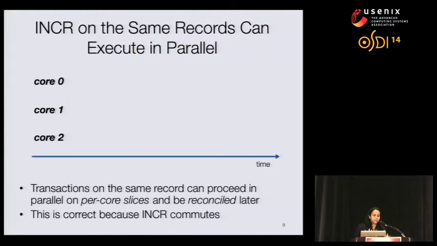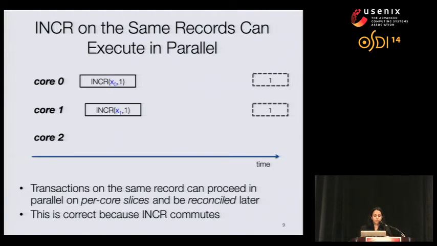So one interesting thing to note here is that if you're only doing increments on a record, you actually can perform these transactions correctly in parallel by using a trick called per-core variables. So here we have 3 increment transactions, and they're all happening on the same record, but they're actually incrementing per-core variables.